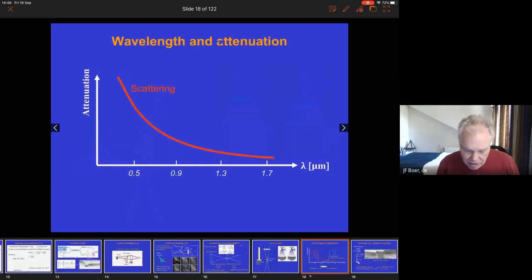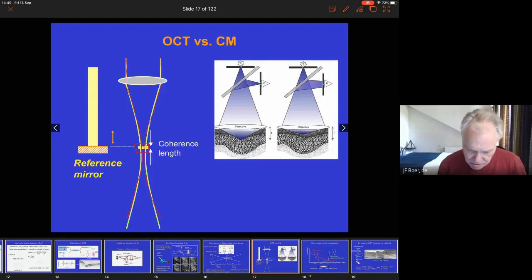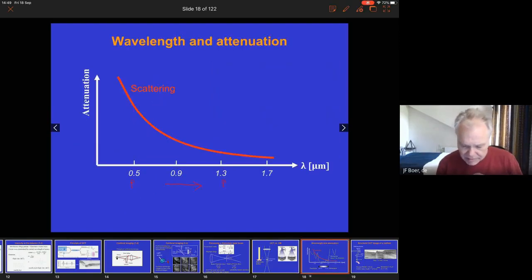I think this is material that Dirk already explained to you, that if you look at scattering, then the scattering strength decreases with wavelength. So along this axis is wavelength. This is 500 nanometers. This is 1.3 micron. And this is the scattering strength shown, in red.